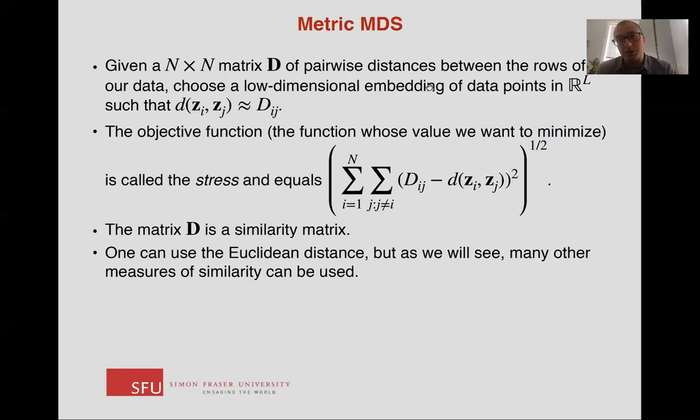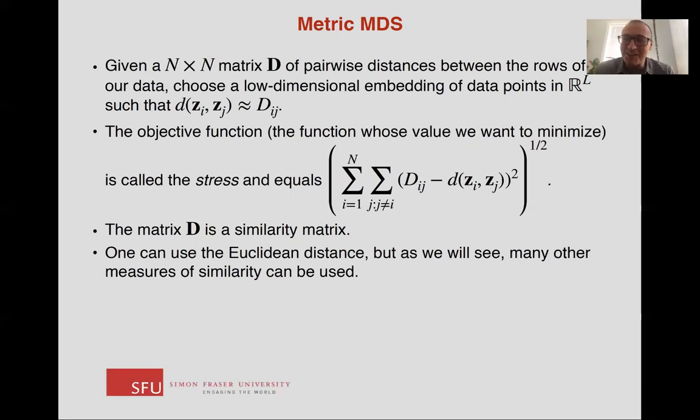We're typically going to choose L to be 2 because then it's very easy to visualize. We want our distances in the lower dimensional representation to be approximately equal to the distances in the higher dimensions. And so we have an objective function that we can minimize, and that's called the stress.